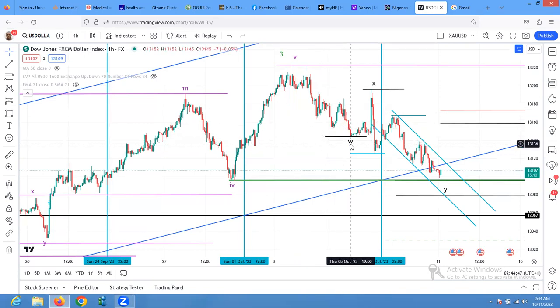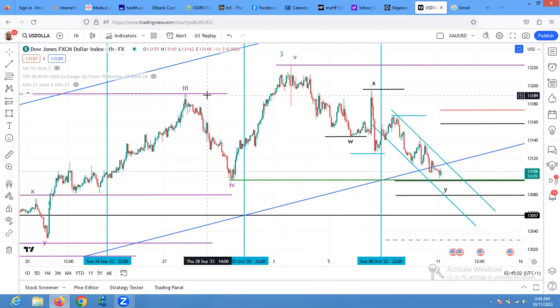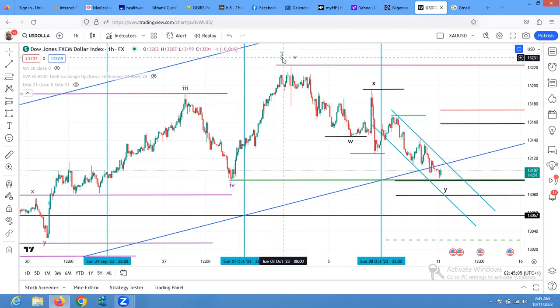It is highly corrective except something gives here. But we need to realign ourselves and how to make the best out of this trade. So now I can tell you that this is with 3, 4, and this is big 3. So we have seen the end of a big 3.